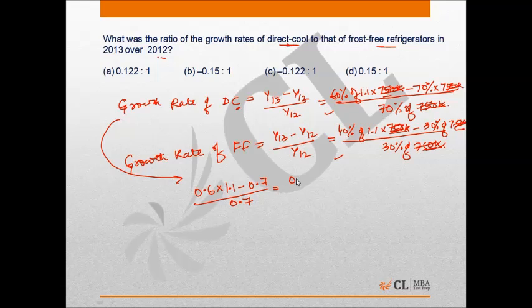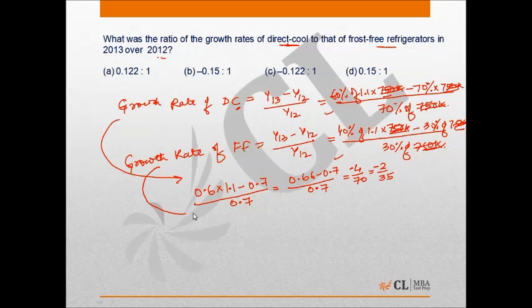So this is 0.66 minus 0.7 upon 0.7, or this can be taken as minus 0.04 upon 0.7, or this is minus 4 upon 70, which is minus 2 upon 35.